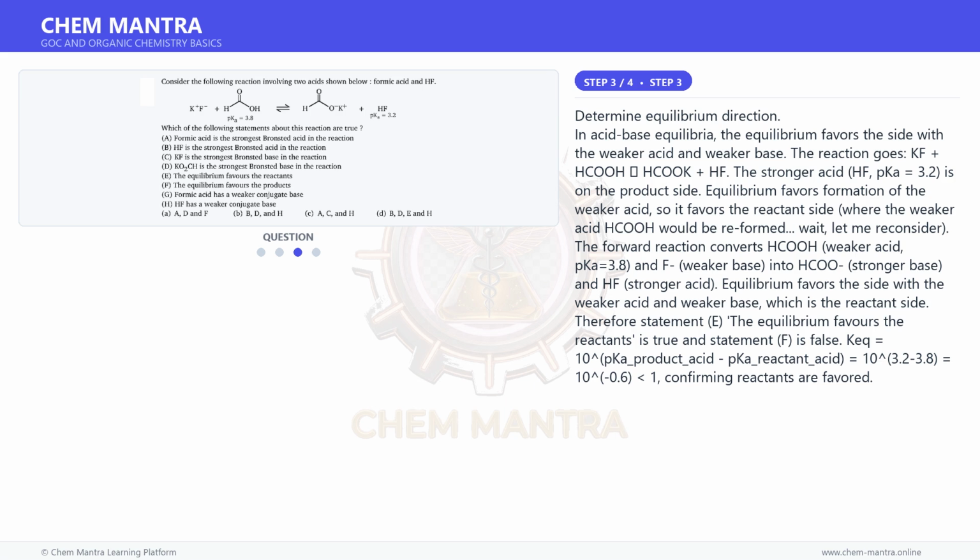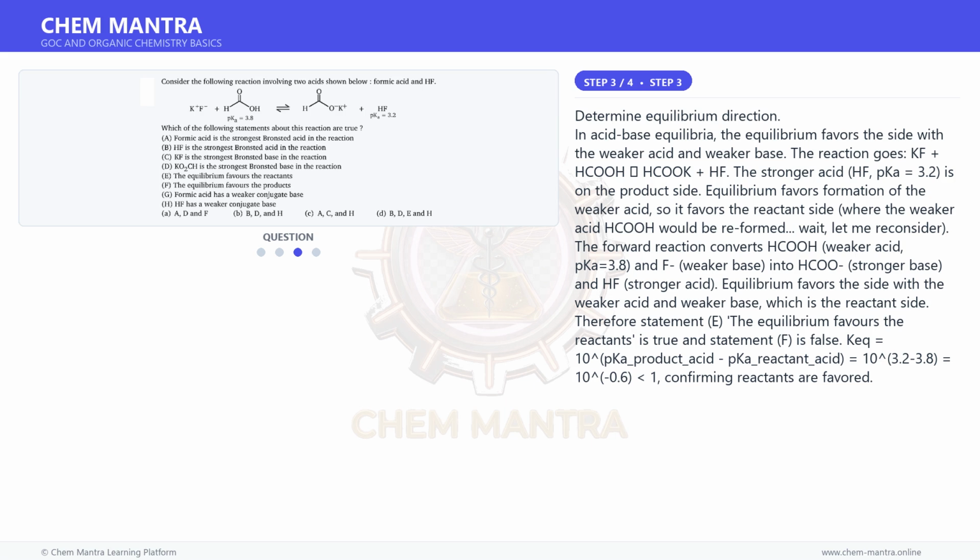Wait, let me reconsider. The forward reaction converts HCOOH, weaker acid, pKa equal to 3.8, and F−, weaker base, into HCOO−, stronger base, and HF, stronger acid. Equilibrium favors the side with the weaker acid and weaker base, which is the reactant side. Therefore statement E, the equilibrium favors the reactants, is true and statement F is false.